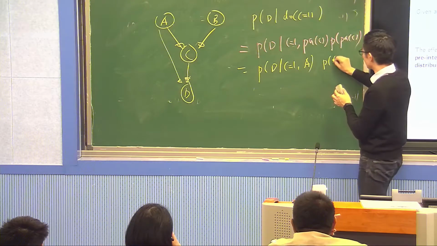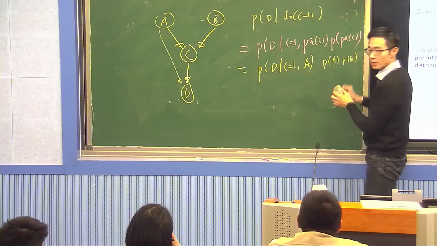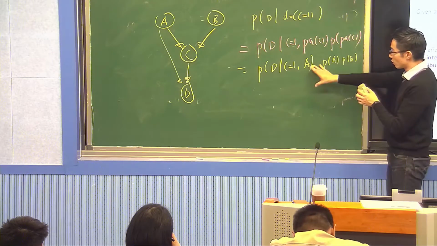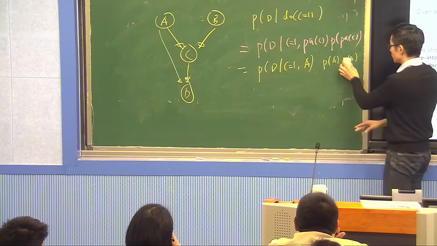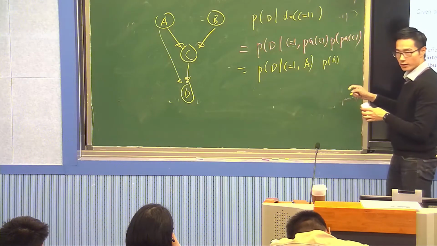So it's just P(D | C=1, A), times the parents of C, which will be P(A), P(B). But since B is no longer controlled here, we no longer need B. Because it's P(D | C=1, A), right?